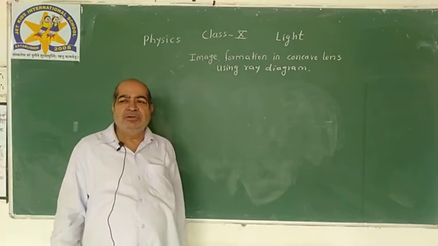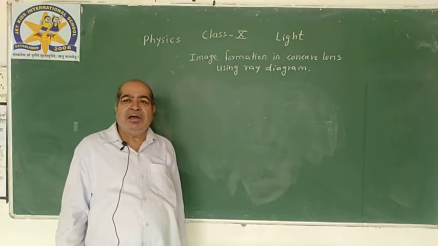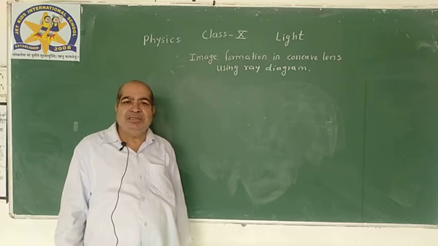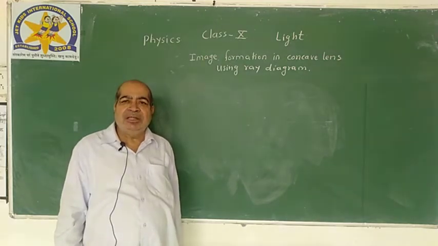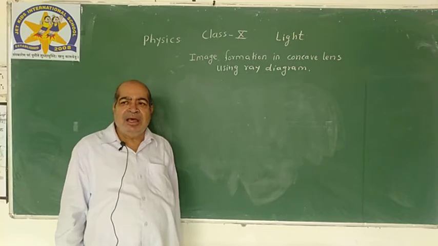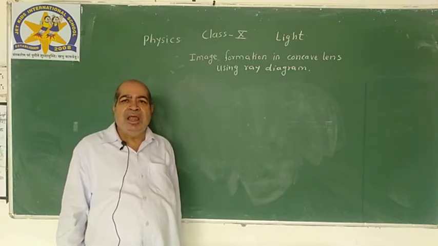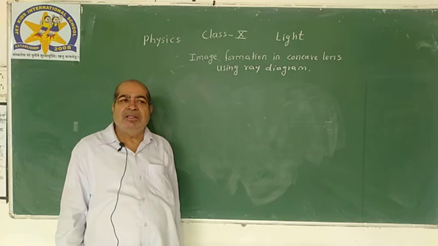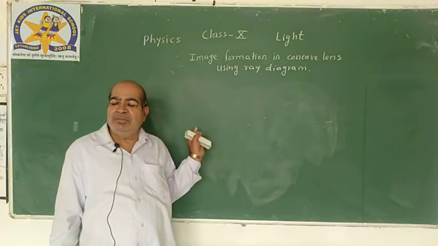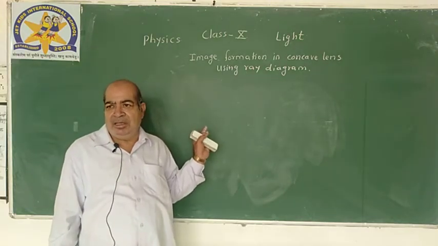The first rule is, when a ray of light parallel to the principal axis is incident on the lens, the ray of light is refracted and diverges from the principal axis, and it appears to come from the principal focus on the same side of the incident ray.